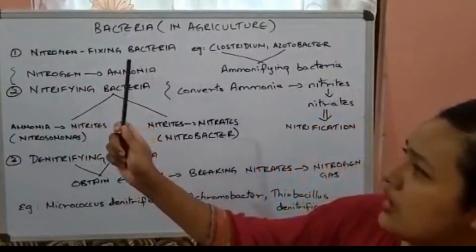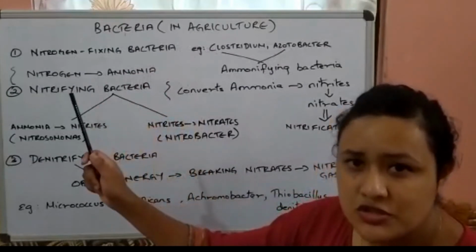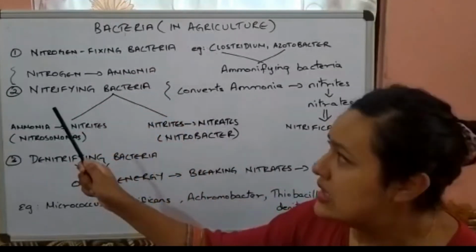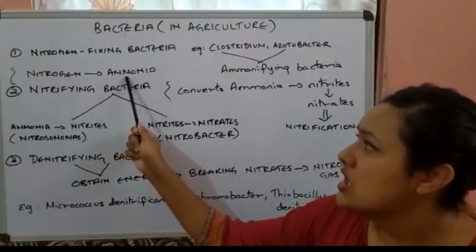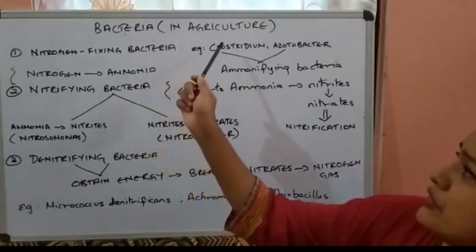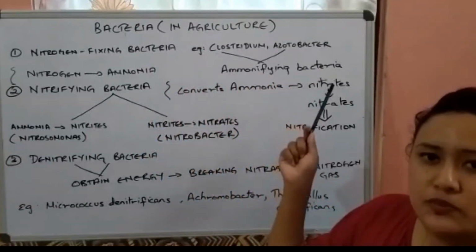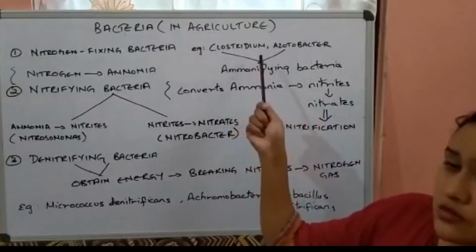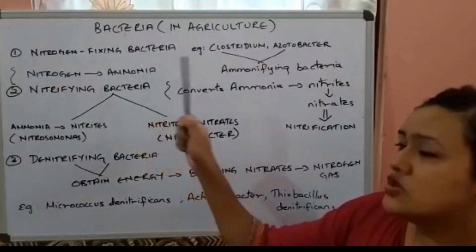These bacteria convert nitrogen gas into ammonia. Examples are Azotobacter and Clostridium, which convert nitrogen gas into ammonia.